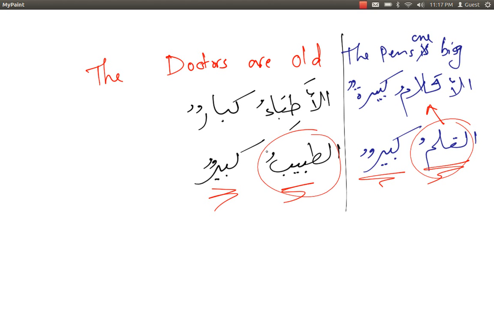Because when we're talking about doctors, we're talking about humans, and masculine humans, we would give them kibarun, while aqlam, which are objects that are not human, you would give them kabiratun. Okay, aqlamun kabiratun. The same applies if we're talking about dogs. If we're saying instead of the doctors, the dogs are old.